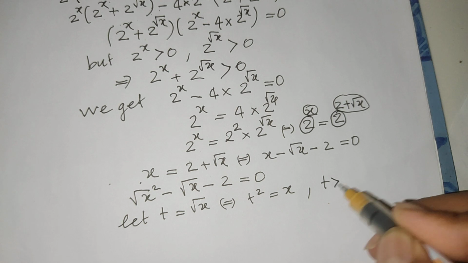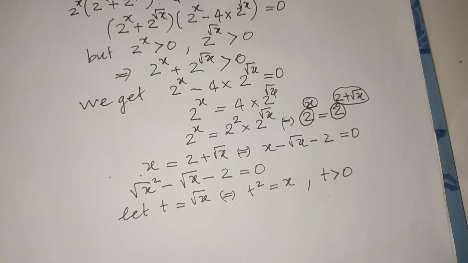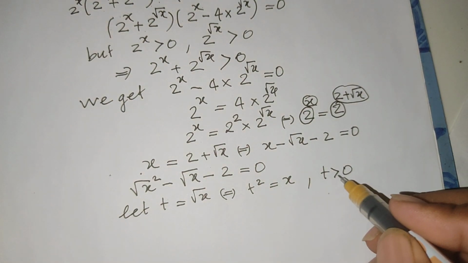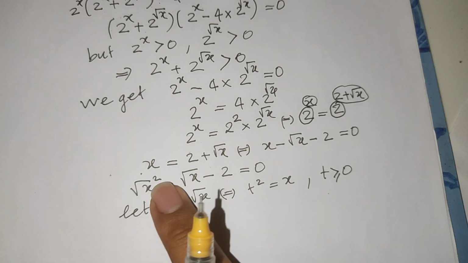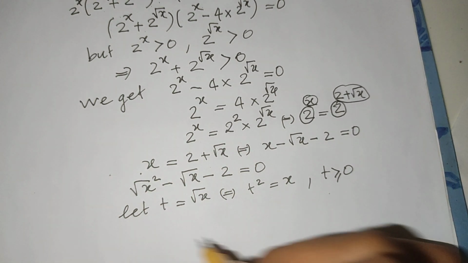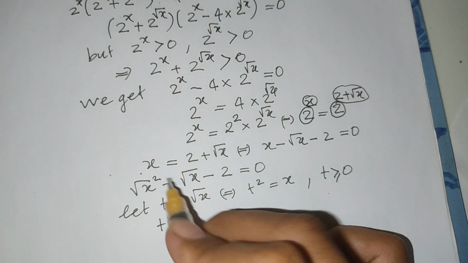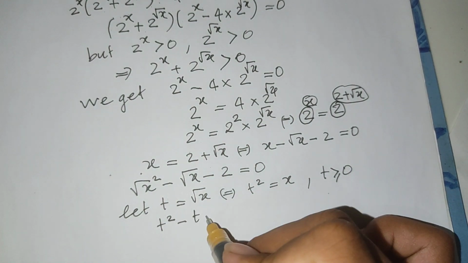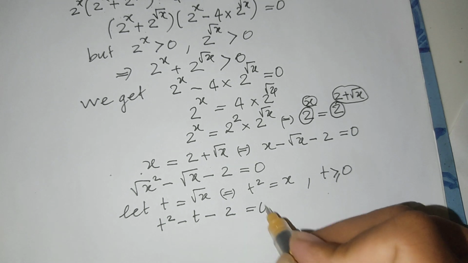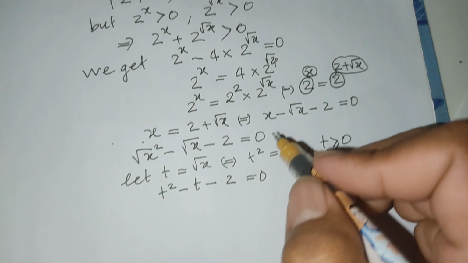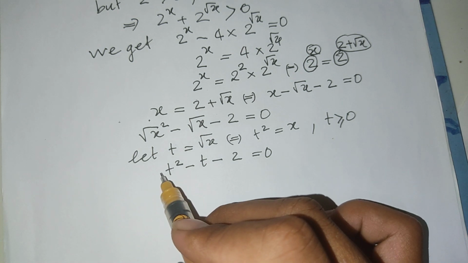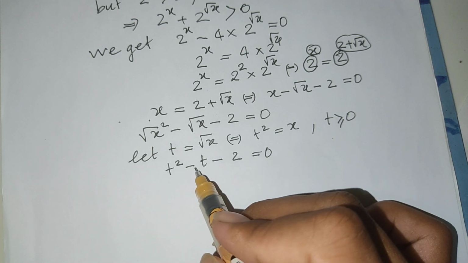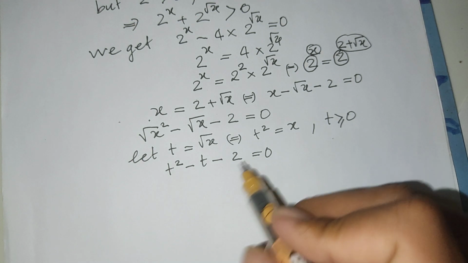And we know t must be positive or it can be equal to 0. For now we replace in this equation, and we get t squared minus t minus 2 equals 0. For this equation, we have coefficients 1, minus 1, and minus 2.